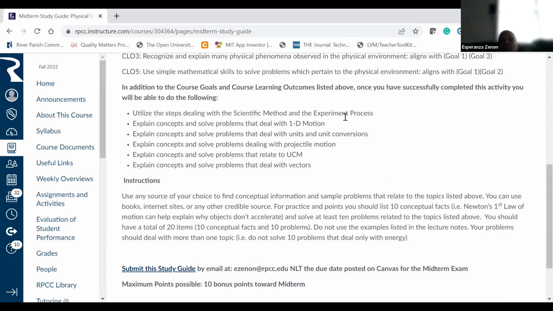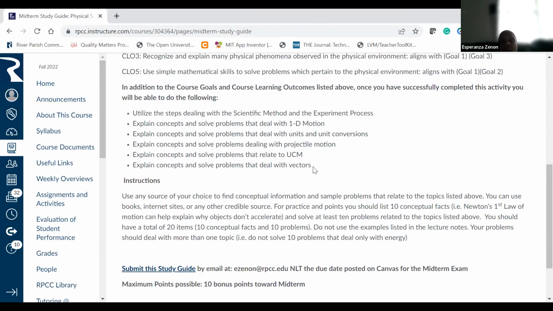Now, you don't have to solve 10 problems on each of the topics, 10 problems overall, 10 concept facts overall. But my suggestion to you is to spread it out. You should at least try to find one concept fact and one problem on each of the topics, and then you can concentrate on whatever topic area you might be struggling with the most, or wanting to find more information on.